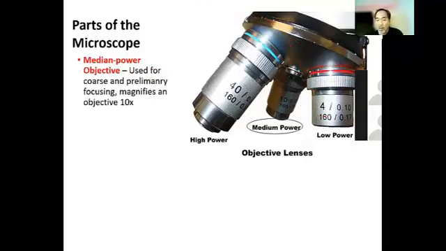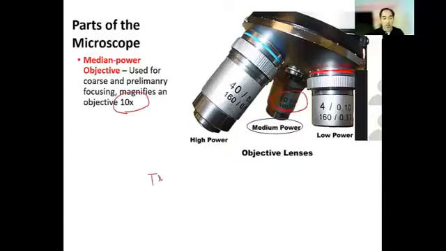Now the next one is called the medium power objective. Once you finish looking at a specimen and it's clear, you can move on to the next objective, which has higher magnification, and it is called medium power. Medium power is 10x.